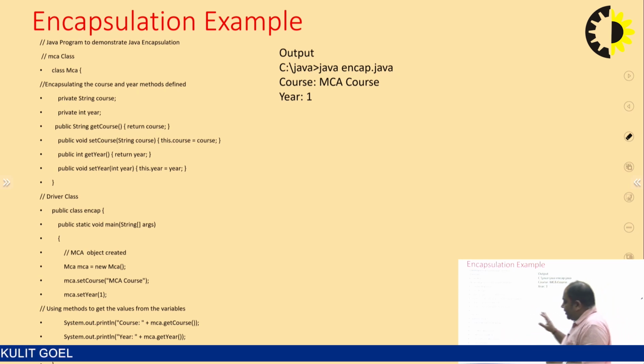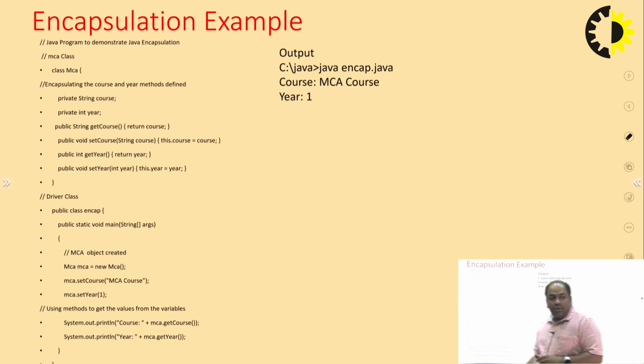For taking the printout, we have written system.out.println, course, which is a text. Whatever we write in quotes in system.out.println represents a text. So the double quotes represent a text. So what course?